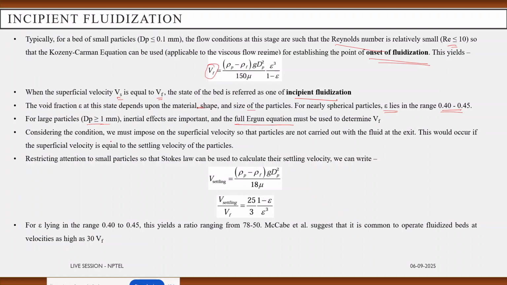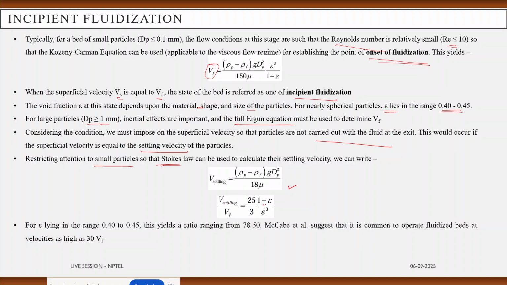Now, considering the condition, we must impose a superficial velocity so that the particles are not carried out at the fluid exit. This would occur if the superficial velocity is equal to the settling velocity of the particles. Now we are considering the smaller particles in the regime of Stokes law. So from this equation we can calculate the settling velocity. So what will be the ratio of this?